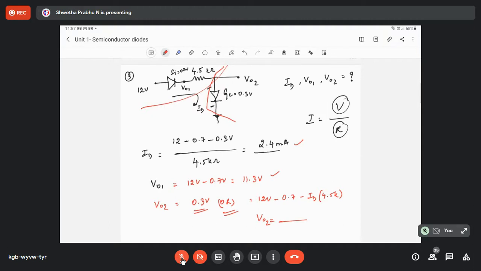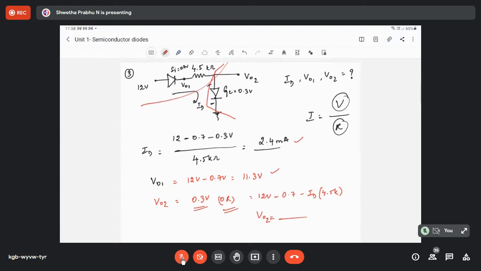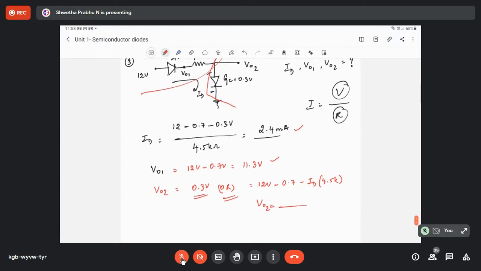Some of the potentials with respect to the entire circuit you need to consider. That is what KVL says, right? The potential differences across each of the elements, you'll have to equate to 0. You can't consider the silicon diode alone. Okay? So this is also one more way in order to find VO2.